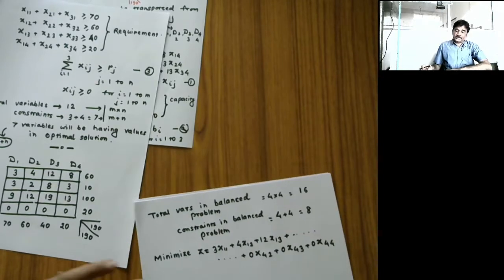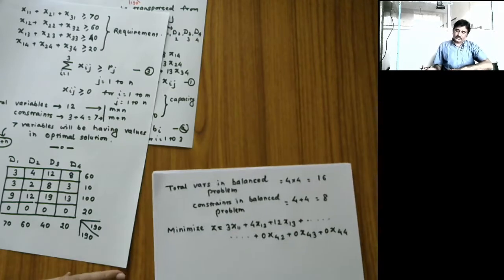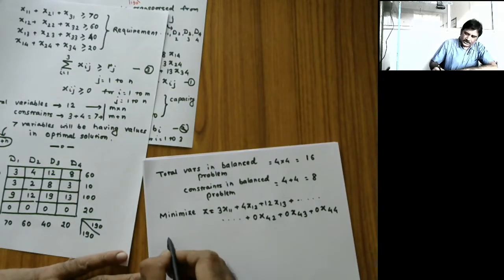How many terms will be there? 16 terms will be there in your objective function, and you can very well write all those.